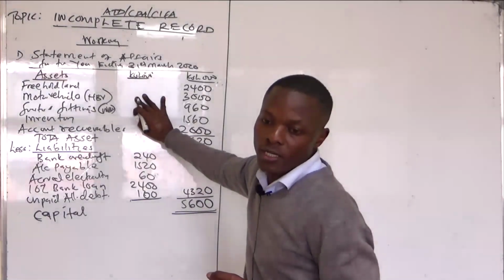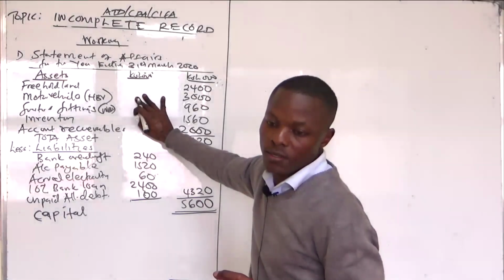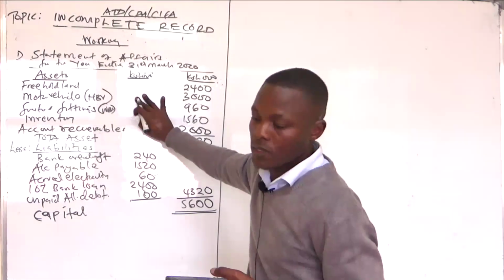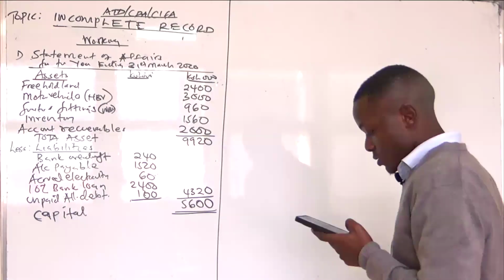Is this account understood? If understood, say yes. Yes. Good. So that is working number 1.